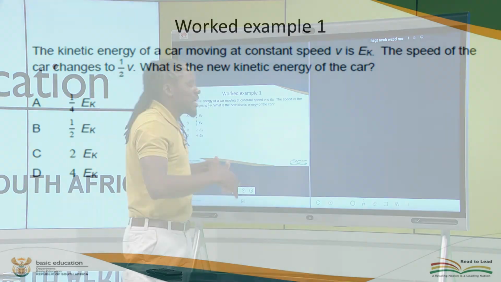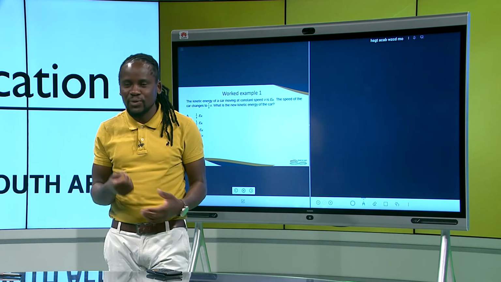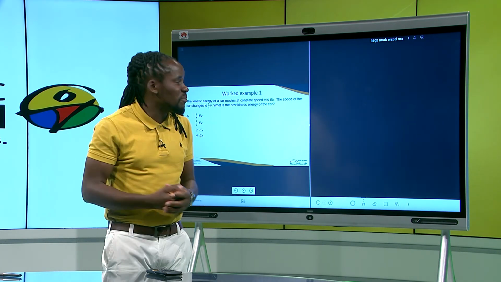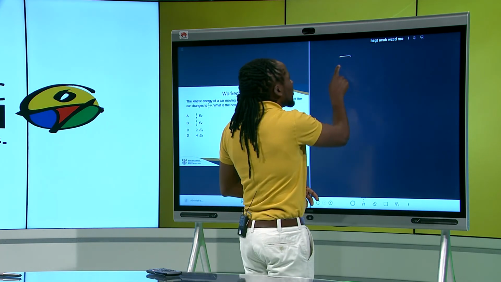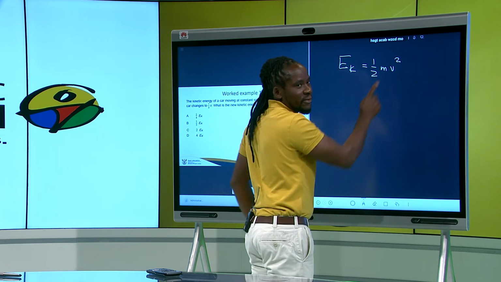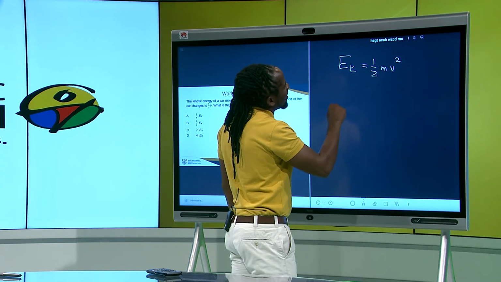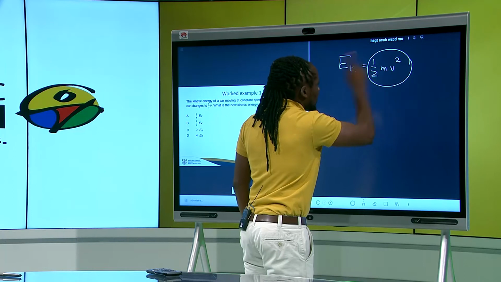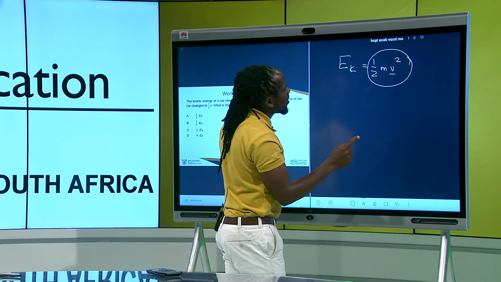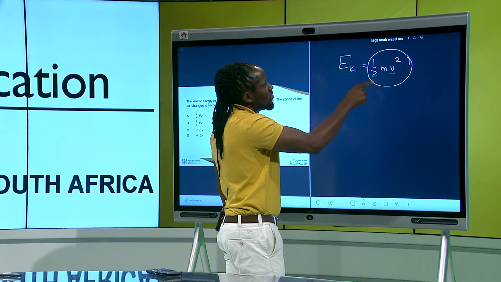Now, this question actually tests our conceptual understanding. Much as the work energy theorem is about work, there is an aspect of energy that is also very important. What do we know? We know that EK is equal to half mv squared. When the speed is v, the kinetic energy is EK. What if we change the speed v to half v?